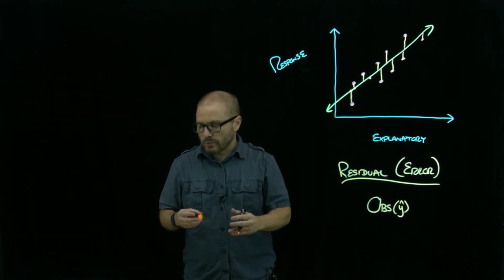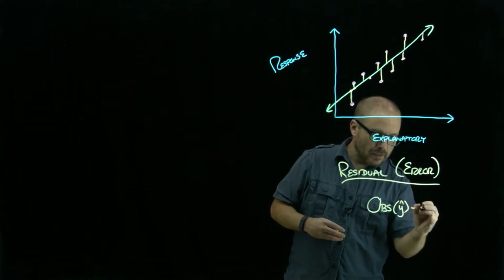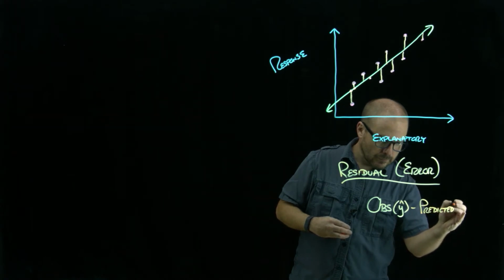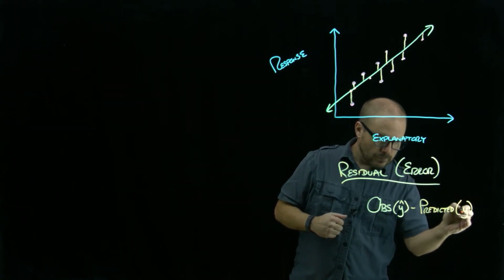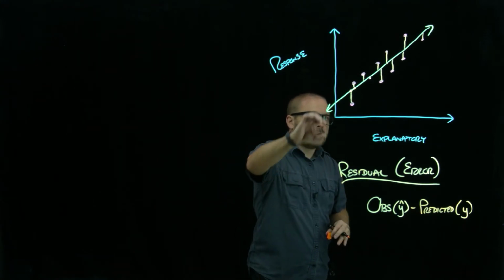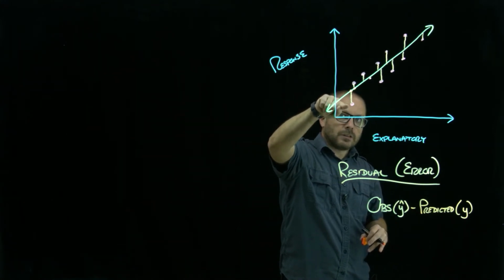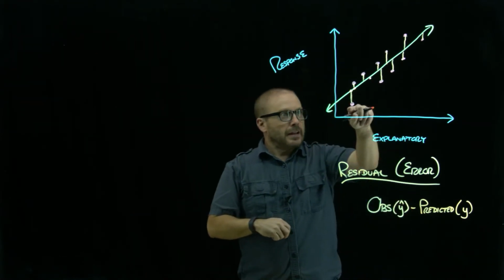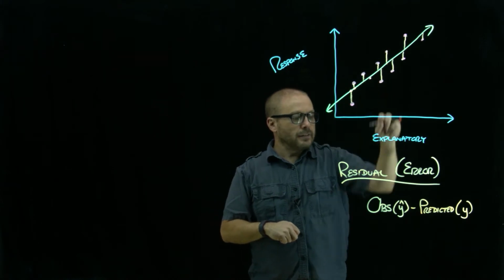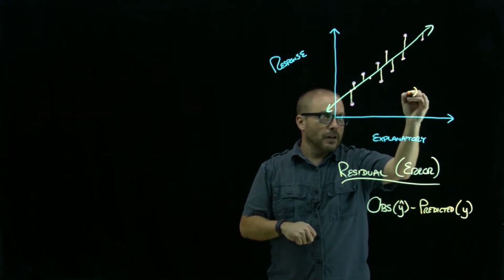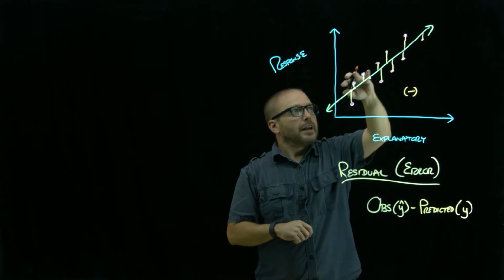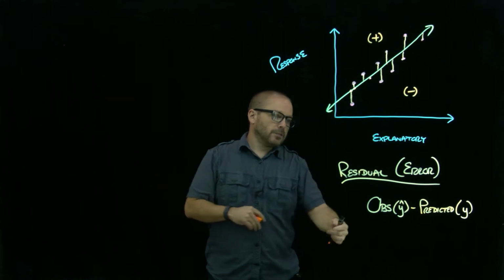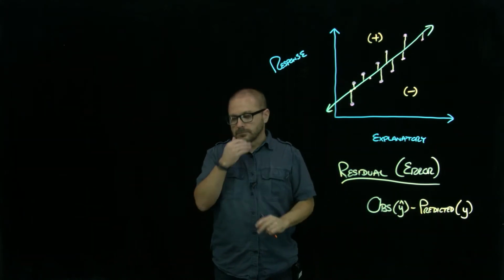So we have some observed value, and then we've got the predicted, which is the y on that line. Each one of these is taking the observed minus the y value on the line. Any of these points that's below the line, the residual is going to be a negative value. And any of these points above the line, the residual is going to be a positive value because of the order of this subtraction.